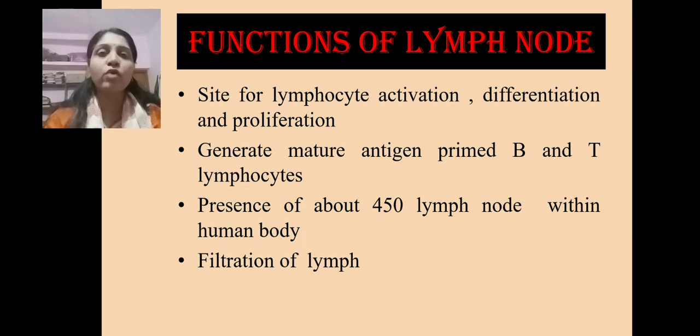So the lymph node gives the site for the activation, differentiation and proliferation of B and T lymphocytic cells. These are responsible for generating mature antigen primed B and T lymphocytic cells. So that is all the information about the structure and function of the lymph node.